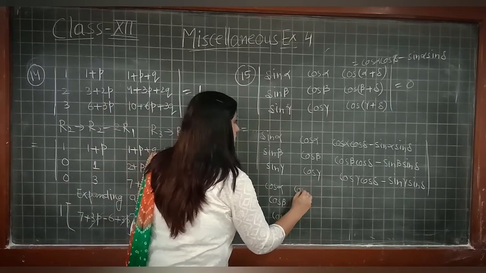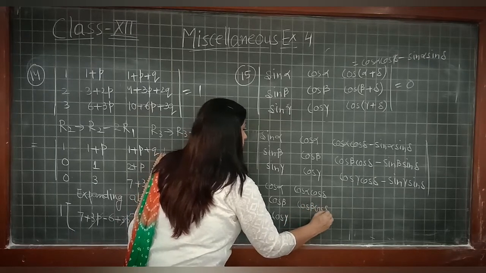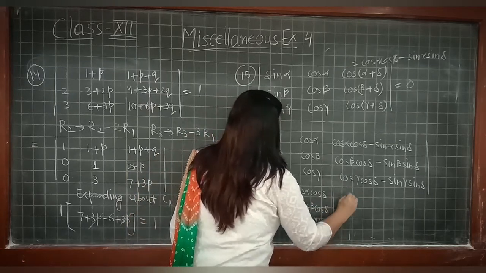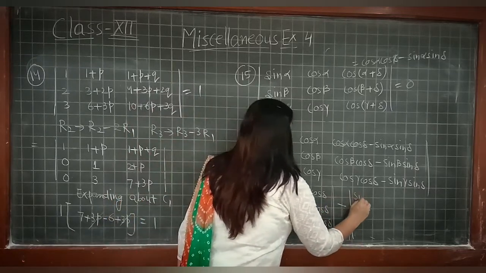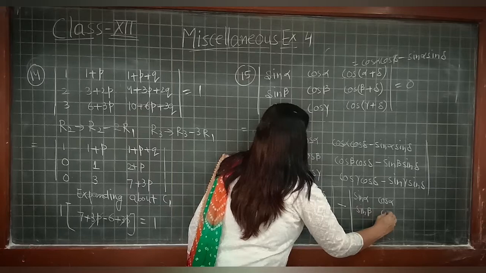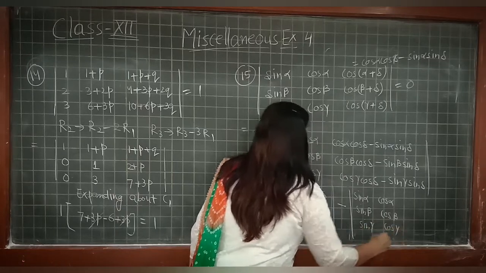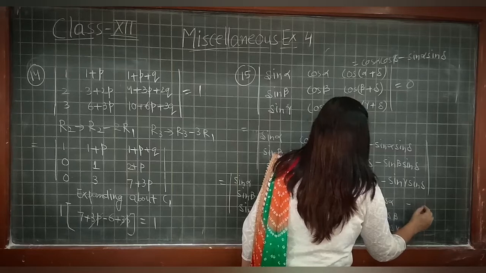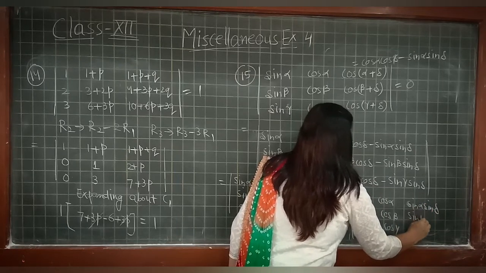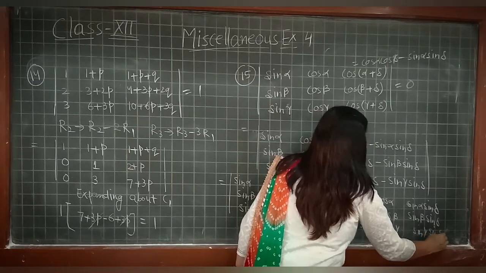Then cos alpha cos delta, then cos beta cos delta, then cos gamma and cos delta, minus sin alpha cos alpha, sin beta cos beta, then sin gamma cos gamma, then sin alpha sin delta, sin beta sin delta, sin gamma and sin delta.